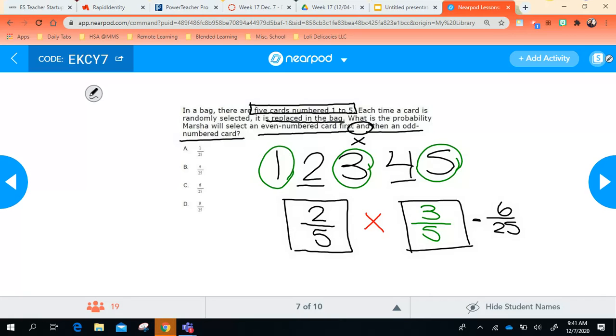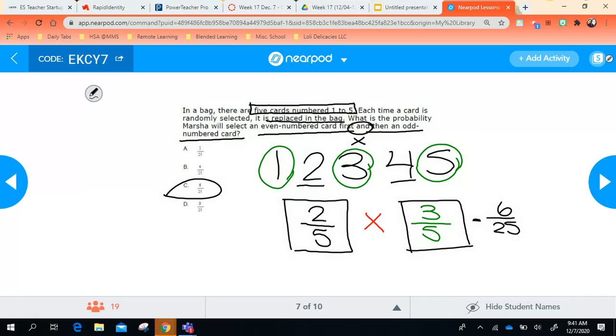Is this my most simplified answer? Well, I know 3 goes into 6, but it doesn't go into 25. So our answer is 6 out of 25. But you should always check just to make sure.